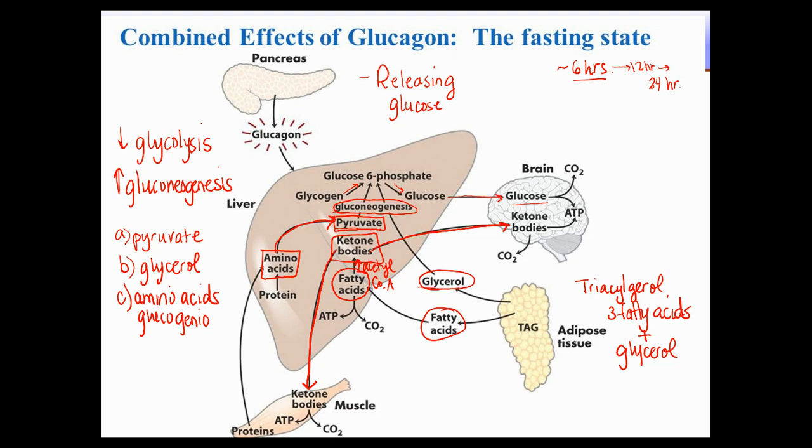Notice that muscle proteins can be diverted from amino acids for gluconeogenesis. So really the role that we're seeing here is an important role of the liver in regulating blood glucose levels for the brain. And everything starts to shift towards protecting the brain.